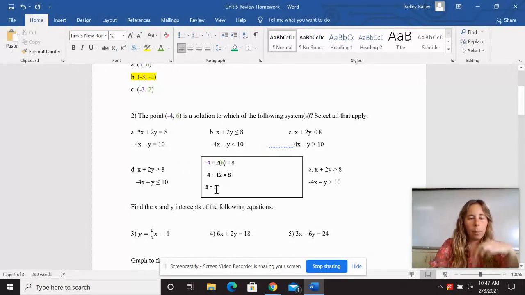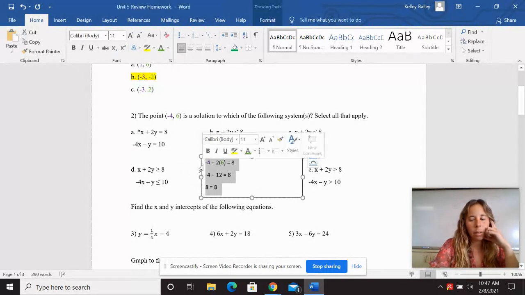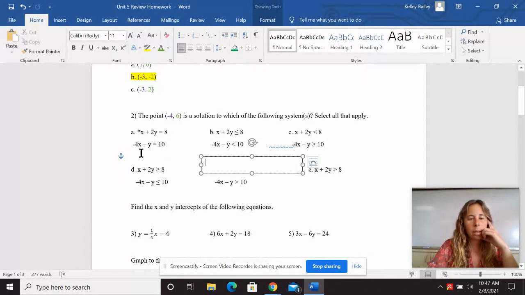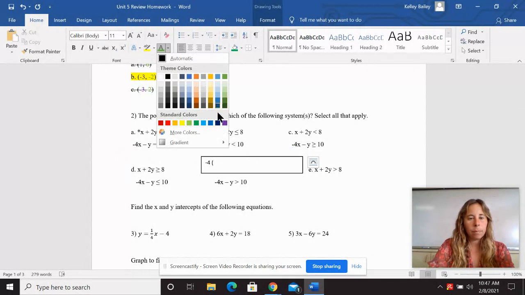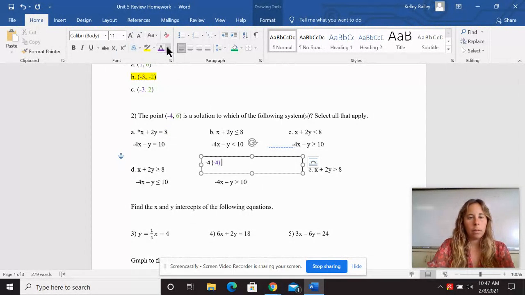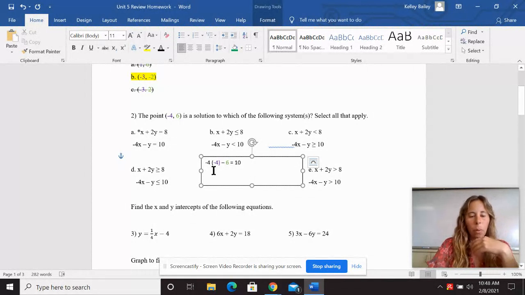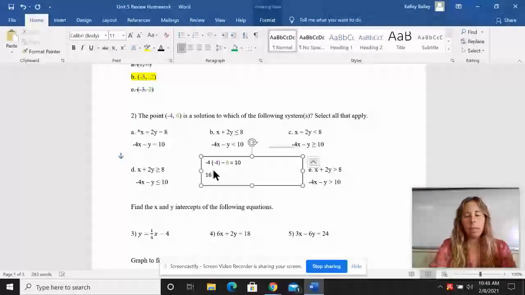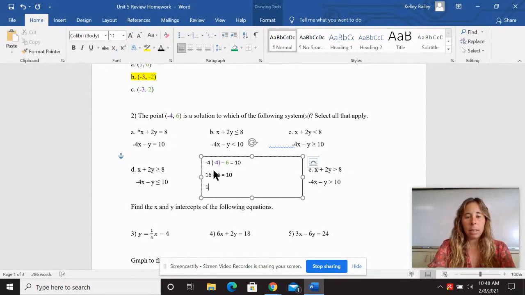So it works in our top equation. Let's put my little star. Does it work in the bottom equation? We're going to do the bottom equation. So I'm going to substitute in negative 4 for x, and then it's minus y, so minus 6. Negative 4 times negative 4 is positive 16 minus 6, and then equals 10. 16 minus 6 is 10.